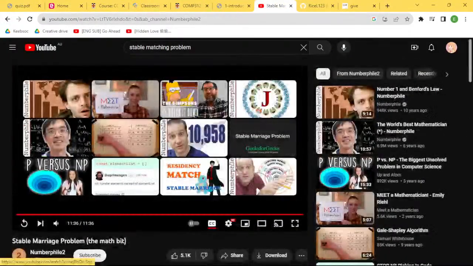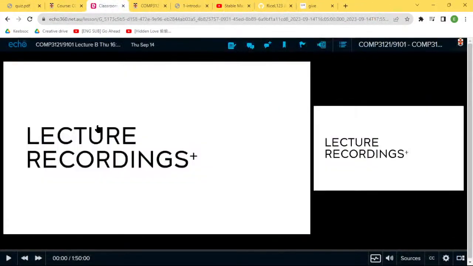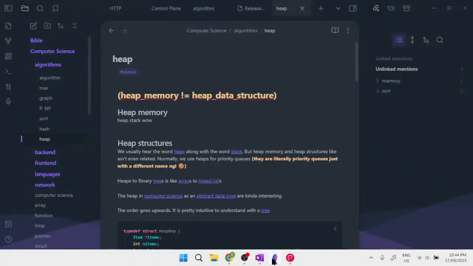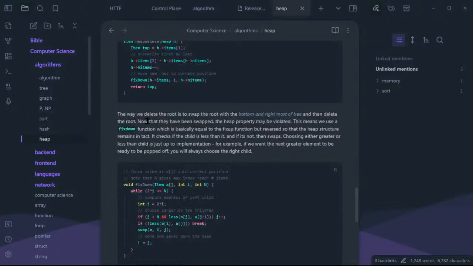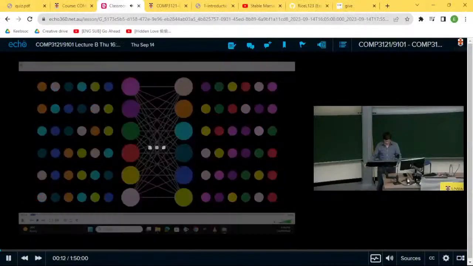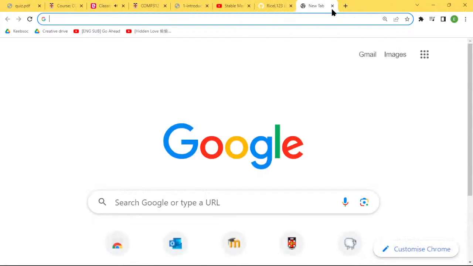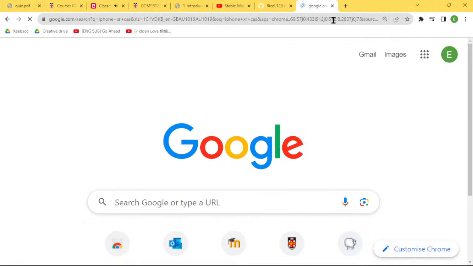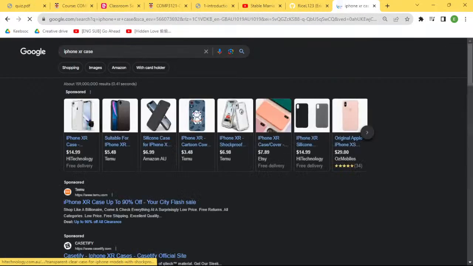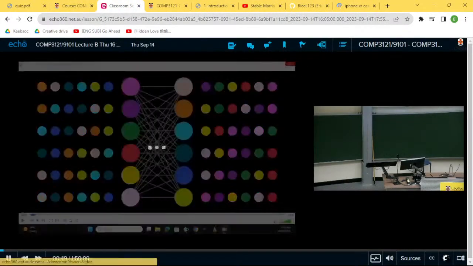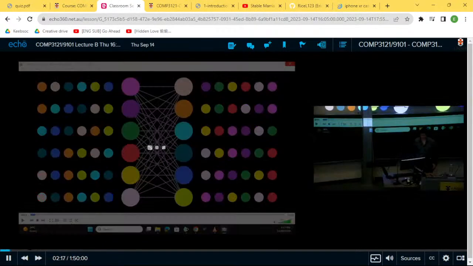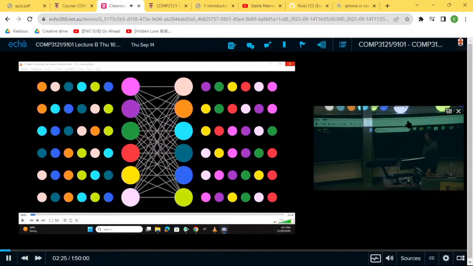I guess that's good. I need to buy an iPhone XR. No way the projection looks like that. That's trash. Oh, okay.